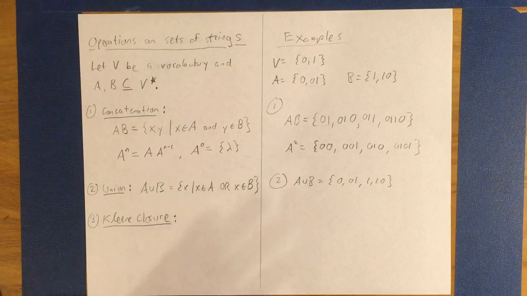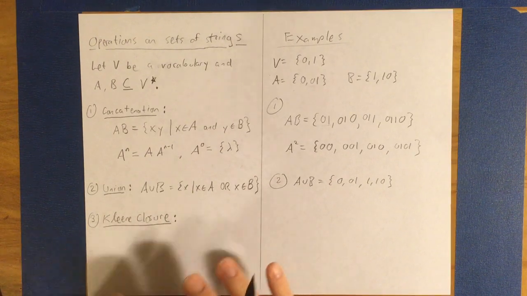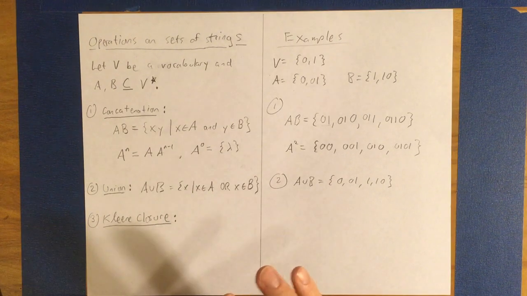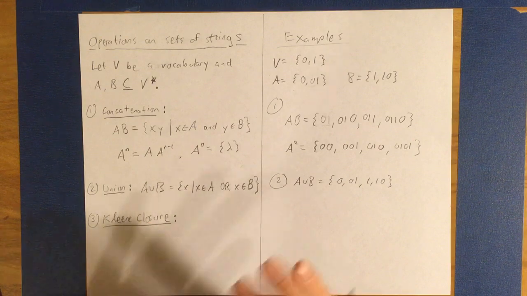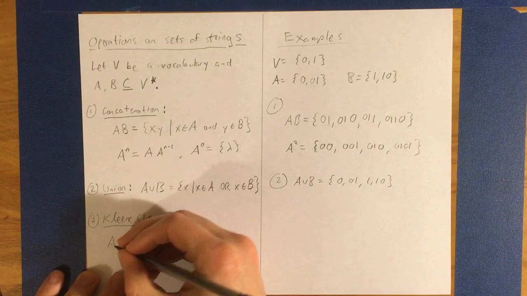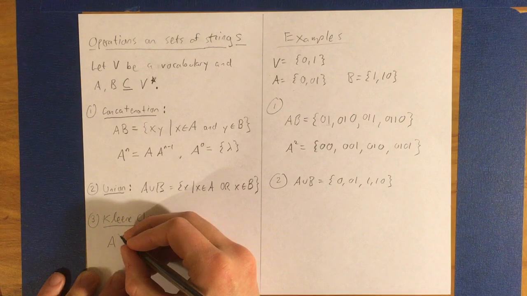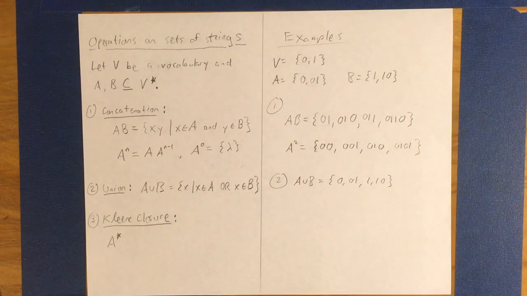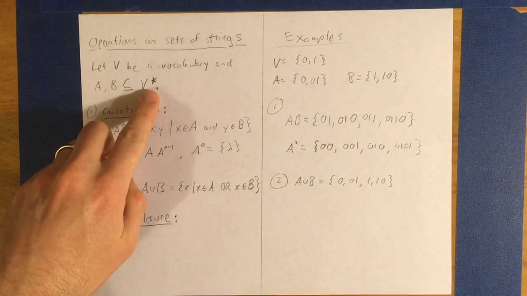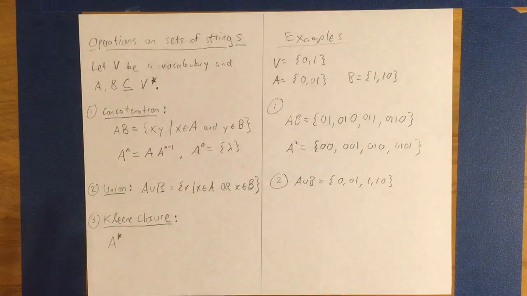And then the other totally new operation we've never seen before is what's called Kleene closure. We've sort of seen Kleene closure before in the case of a set of characters, but we haven't really seen it for a set of strings. It is the star operation that we've been using to denote the set of all strings over a vocabulary.